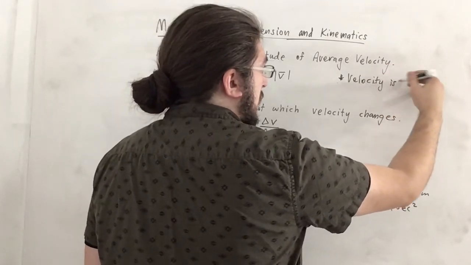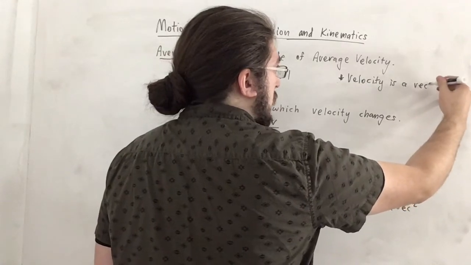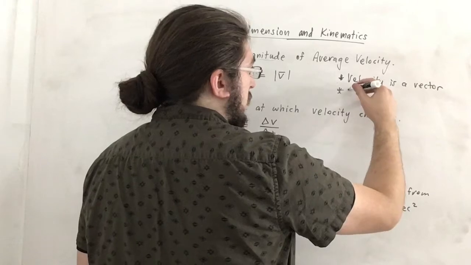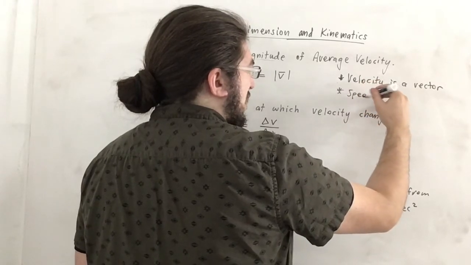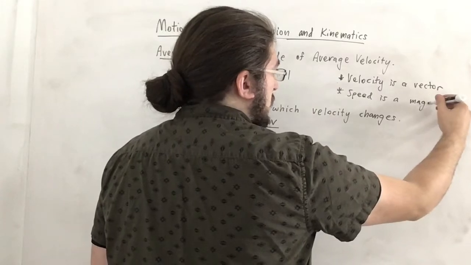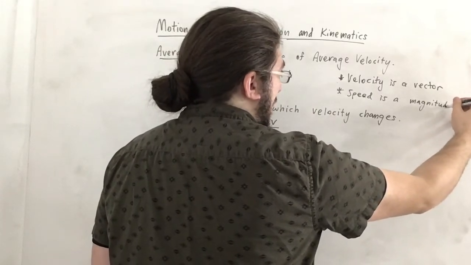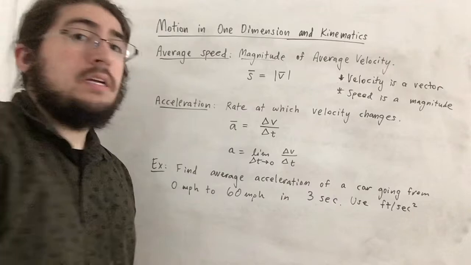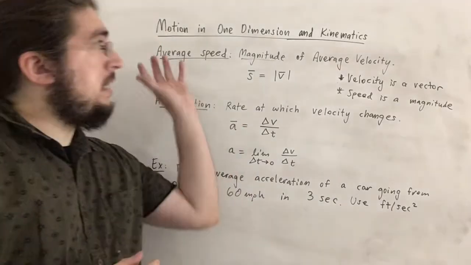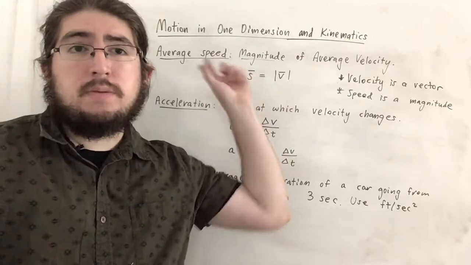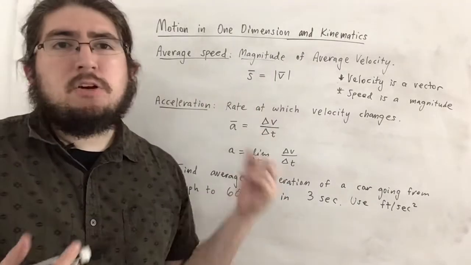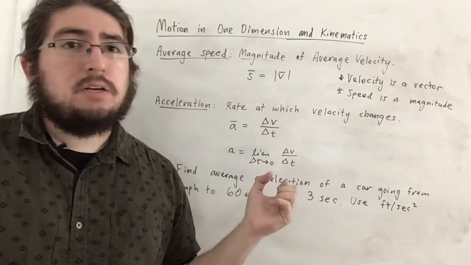Velocity is a vector, whereas speed is the magnitude of that vector. A magnitude. So in other words, it's a pure number. Whereas velocity actually has direction and magnitude, which makes sense because we're dealing only with motion in one dimension here, and velocity could be negative because delta x could be negative.